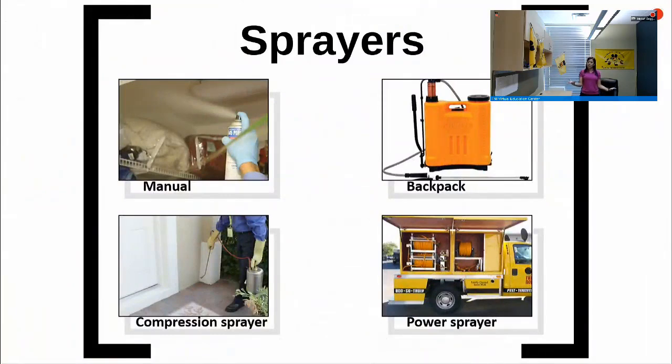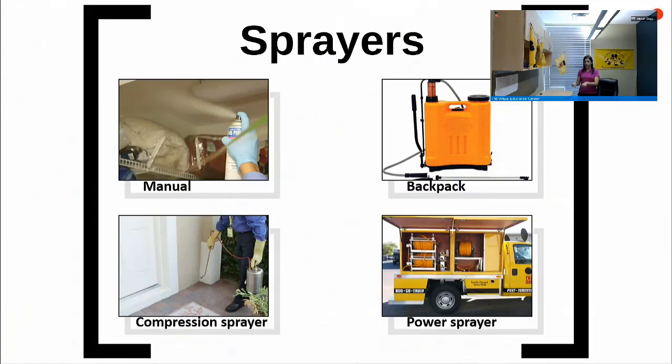Sprayer. So we have the manual sprayer. That's generally our aerosol can. So we activate it by hand, by our fingers. So that's a manual sprayer. The backpack. The backpack is used for liquid applications and in some cases that you're going to see, foam applications. Compression sprayer. With the compression sprayer, we apply the pressure before the application.